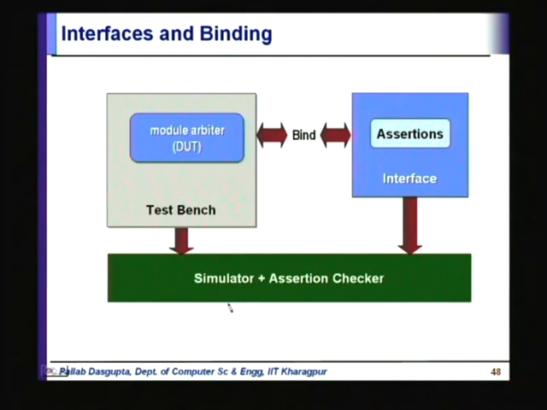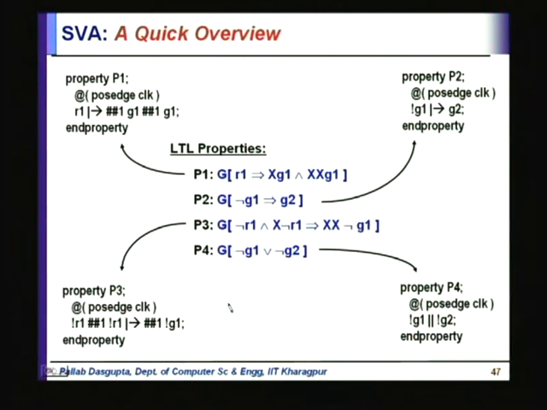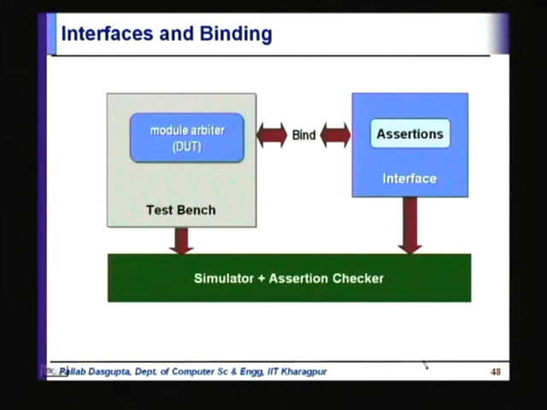Now, this is how the assertions are going to get integrated with the rest of the design. Now, remember that in these assertions we have used some variable names like R1, G1, etc. Now, it is not necessary that the module that we are verifying, the design under test, DUT stands for design under test, will have the same signal names.